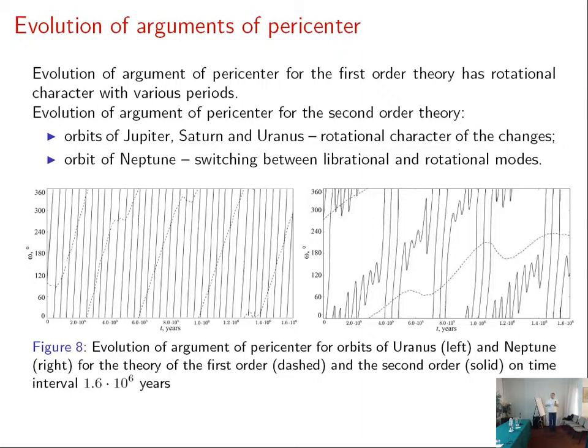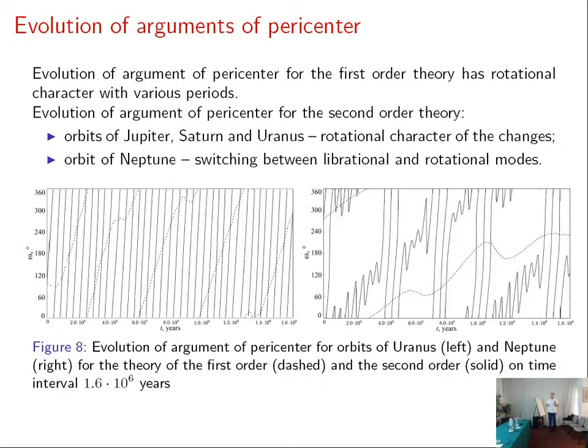Let's consider the evolution of arguments of pericenter. Evolution of argument of pericenter for the first order theory has rotational character with various periods for all orbits. For example, for orbits of Uranus in this picture. Dashed line is first order and solid line is second order.